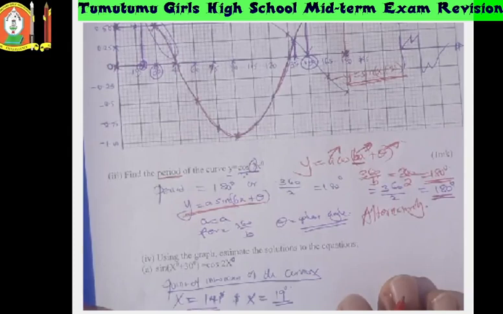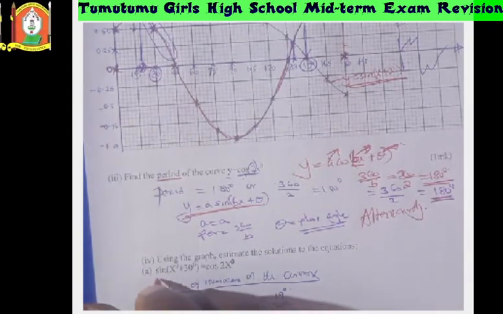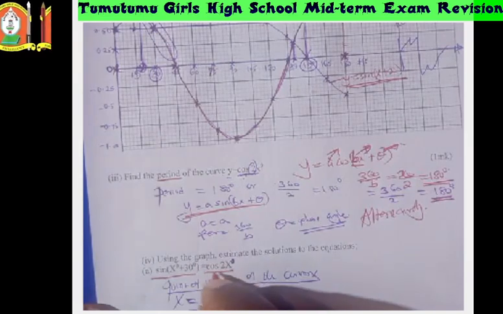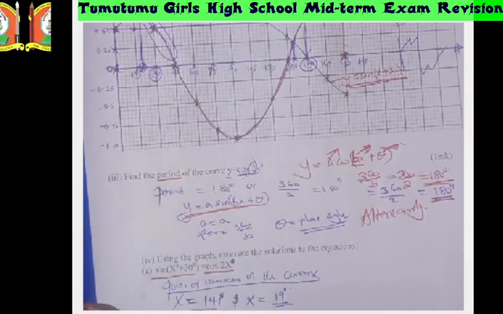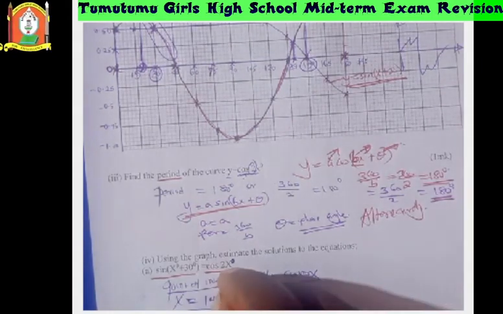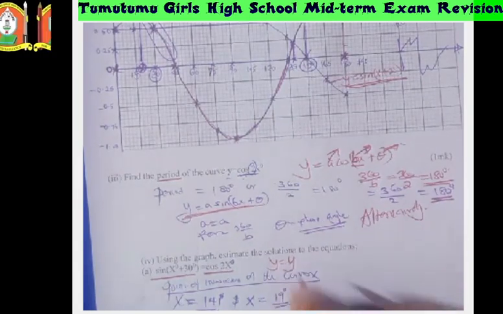Using your graph, estimate the solutions to the equation sine of x plus 30 equals cosine 2x. When the two wave functions are equated, it means y equals y.